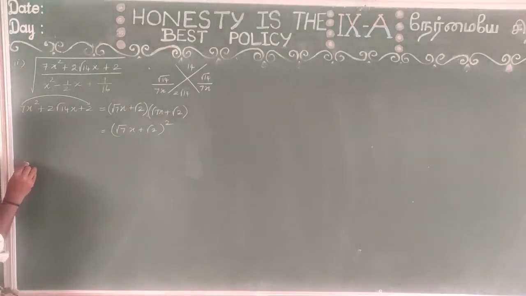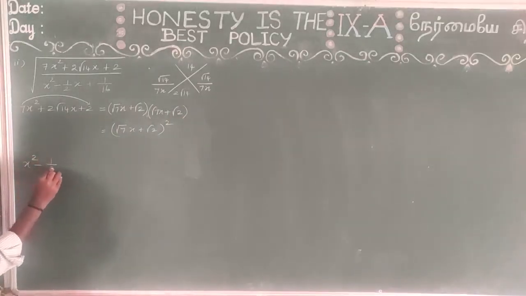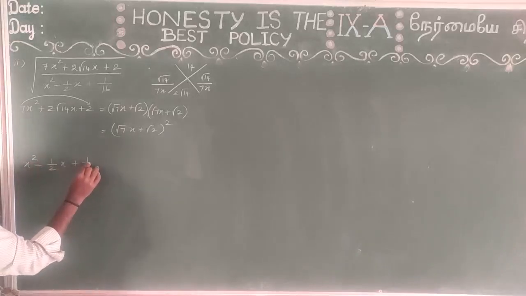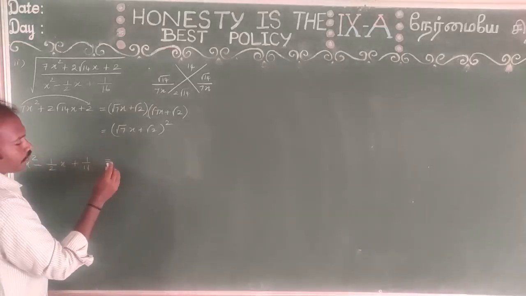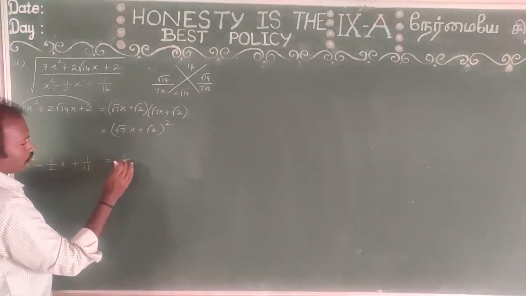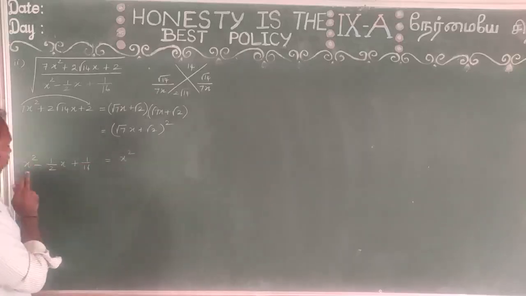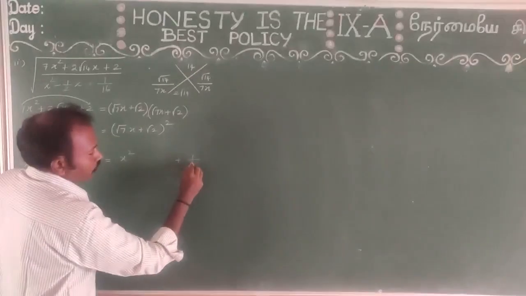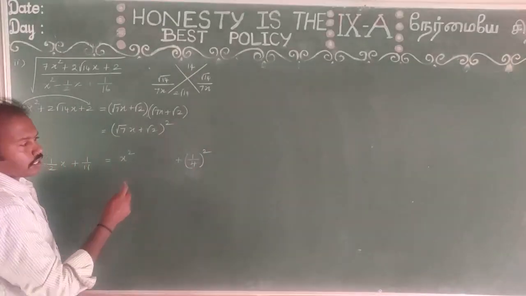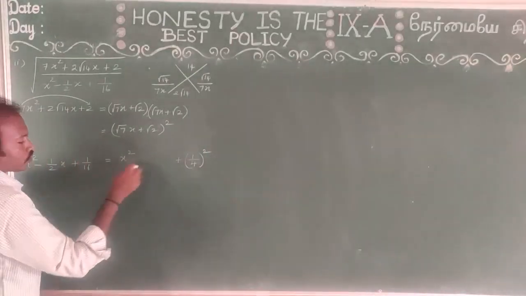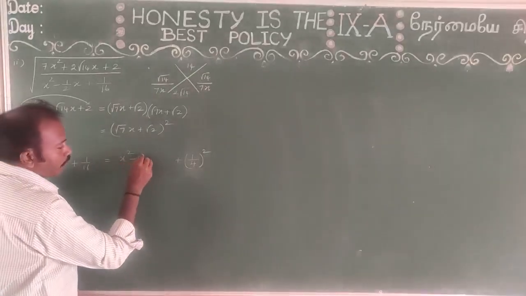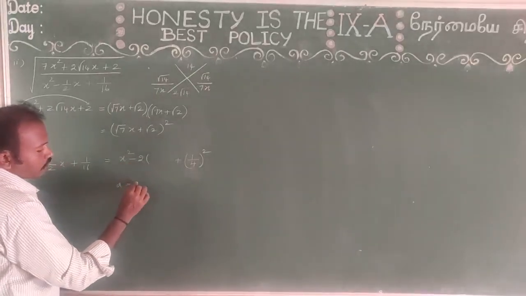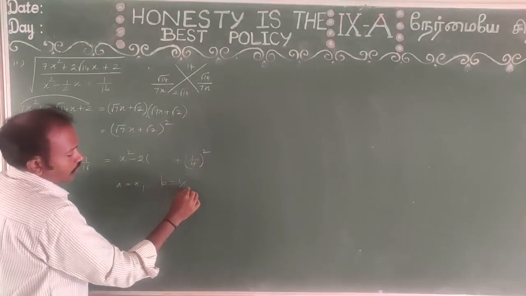Then the denominator: x square minus 1 by 2x plus 1 by 16. That is equal to a square, that means x square, a square. Last term b square, that is 1 by 4 the whole square, that is 1 square 1, 4 square 16, minus 2ab. Here a is equal to x, b is equal to 1 by 4.